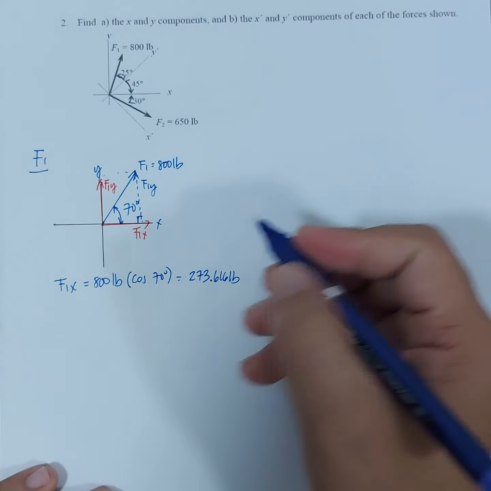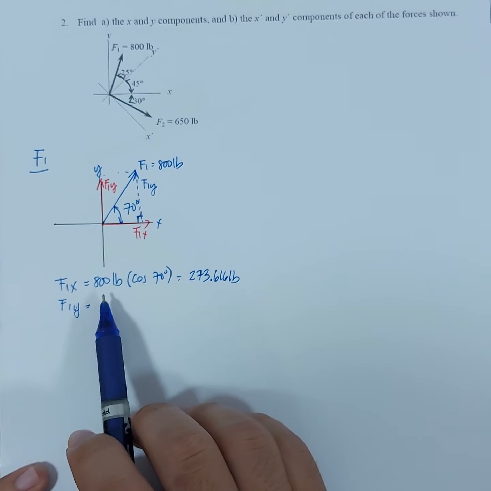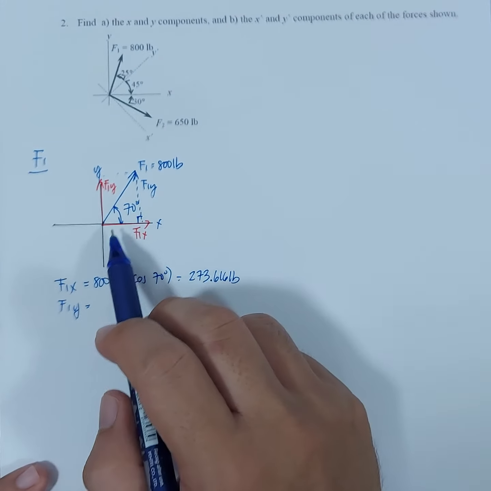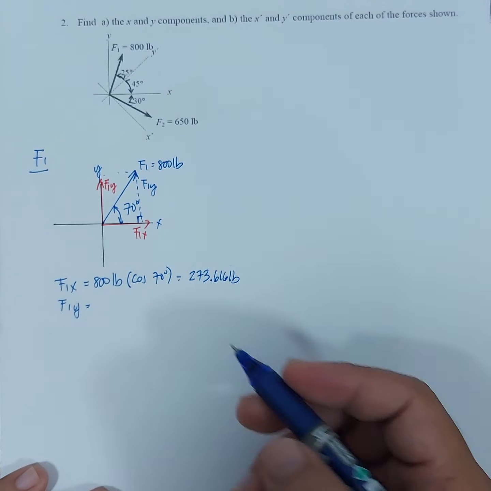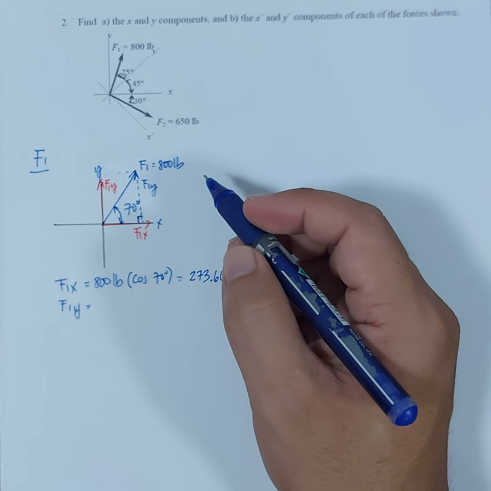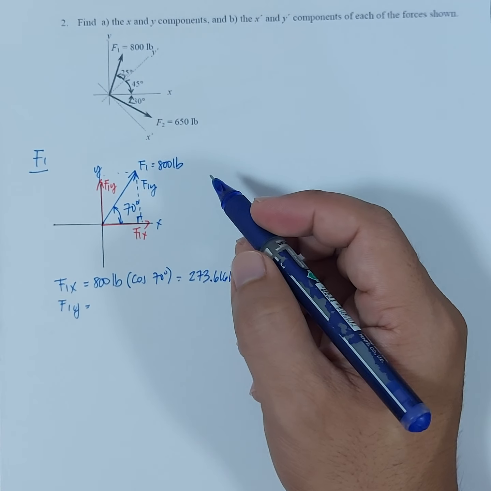And then F1y, the y component of F1, is equal to, so the opposite side is F1y. So kapag opposite, we're going to use what particular trigonometric function? We're going to use sine.